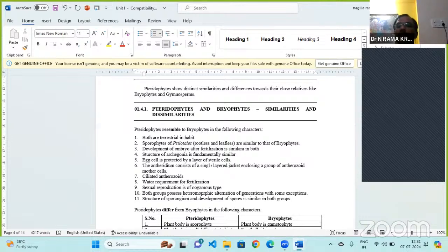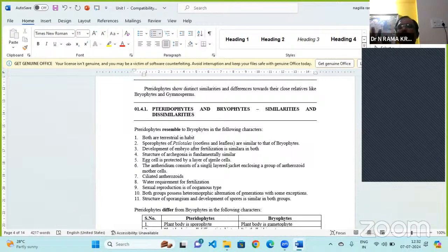Now you see, all the bryophytic groups and all the pteridophytic groups are terrestrial in habitat. That is the first point. Second, the sporophytes of Psilotales are rootless and leafless, and the gametophytes are similar to the bryophytes.